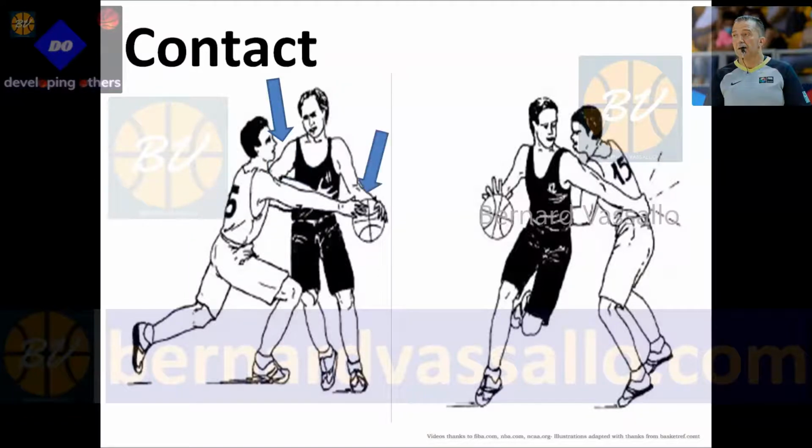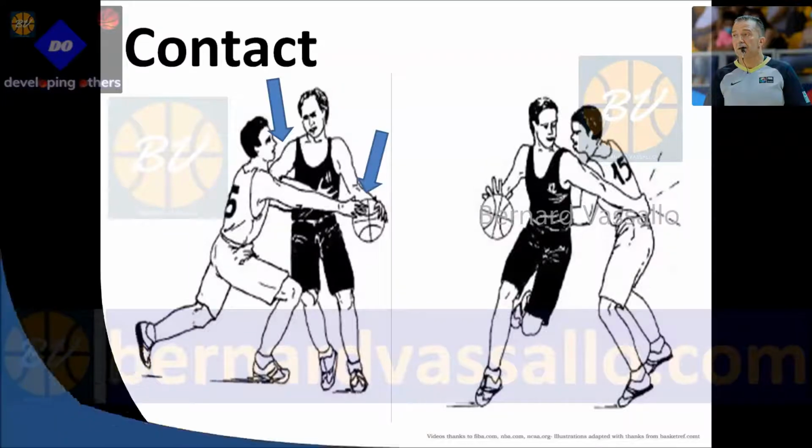Now, if the defensive player manages to steal the ball but does not make contact with the dribbler, then that would be legal. However, if the defender causes illegal body contact, even if he is trying to steal the ball, if he makes body contact with the dribbler, then that would be a foul.